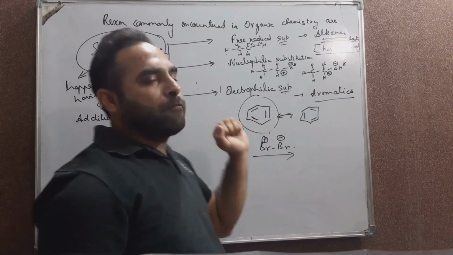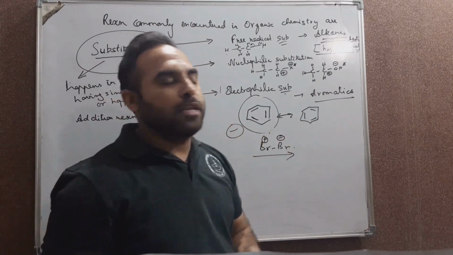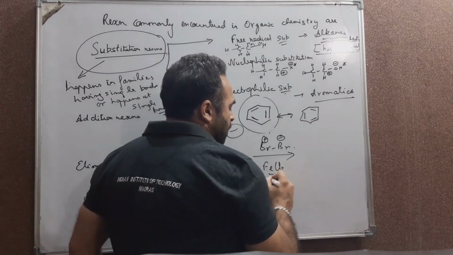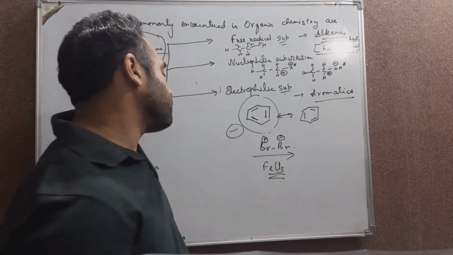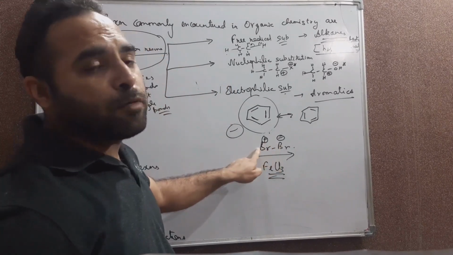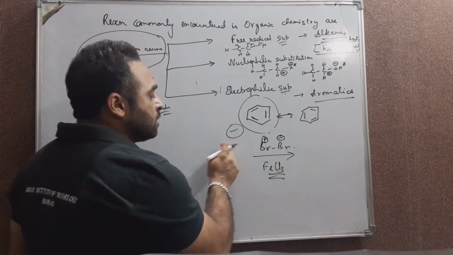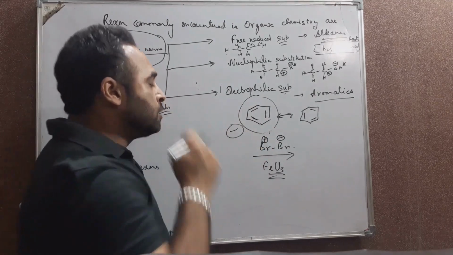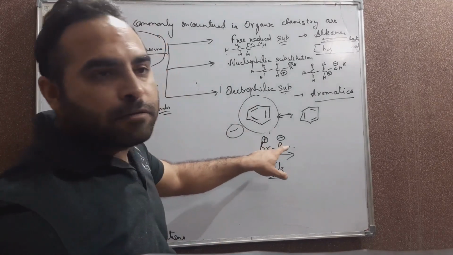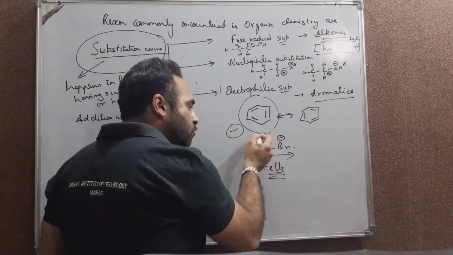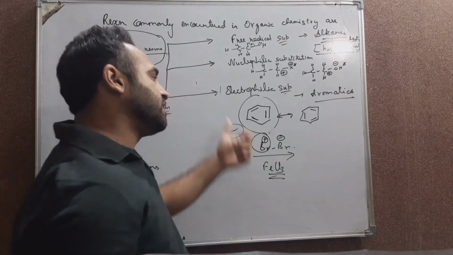This bromine can have a positive charge and this bromine can have a negative charge. And in presence of Lewis acid, simply FeCl3, something like this, what will happen? Either Br negative will approach first or Br positive will approach first. Because the ring is negatively charged, because it is rich in electrons, it will repel the negatively charged bromide. It will attract what? This bromonium ion towards itself.